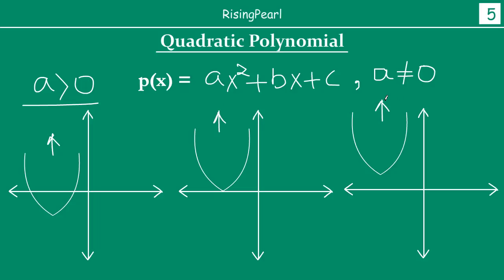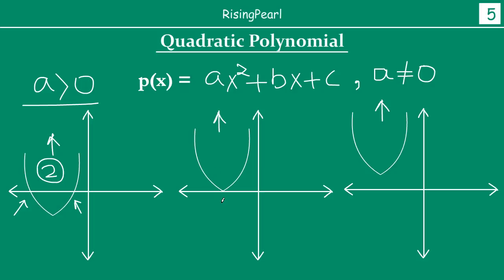Now what is also important, we just saw that if the graph intersects the x-axis, the x coordinates of those points are the zeros of a quadratic polynomial. So in this first case, the graph intersects the x-axis at these 2 points, and the x coordinates represent the zeros of this polynomial, and there are 2 zeros.